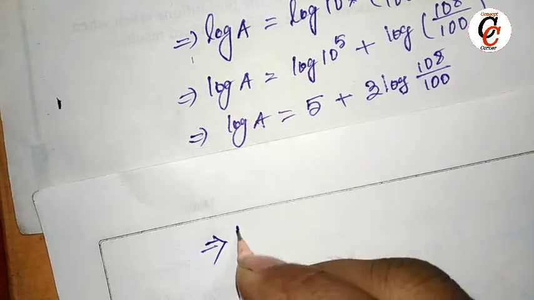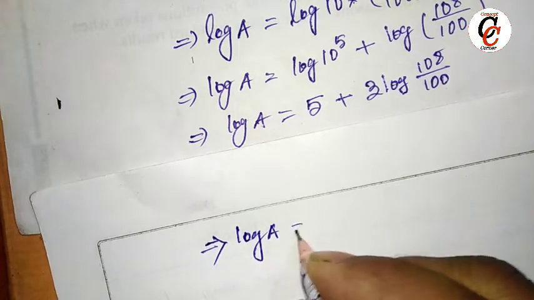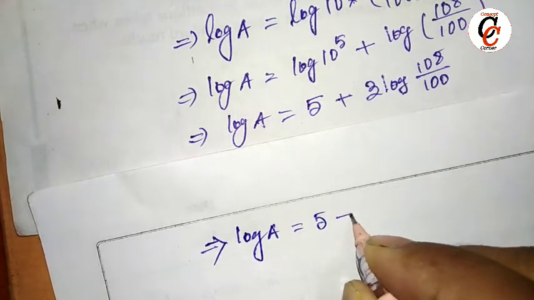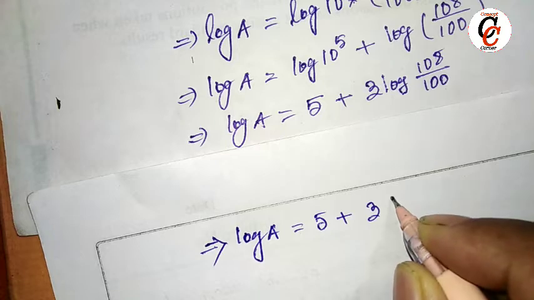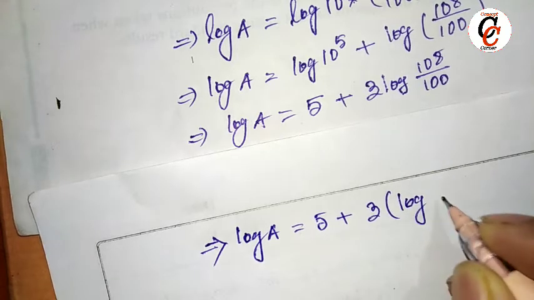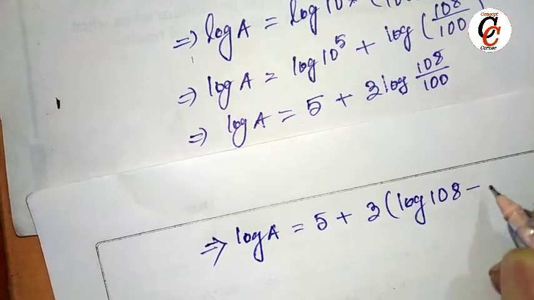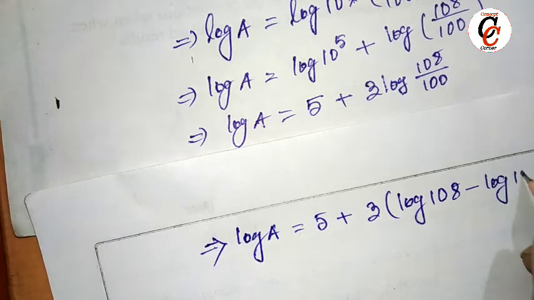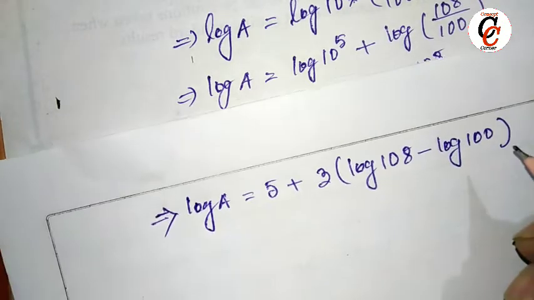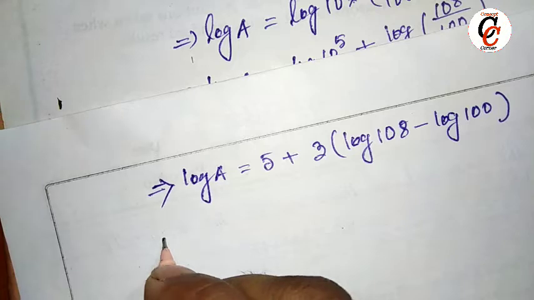So log of A is equal to 5 plus 3 into log of 108 minus log of 100. So it will remain the same.